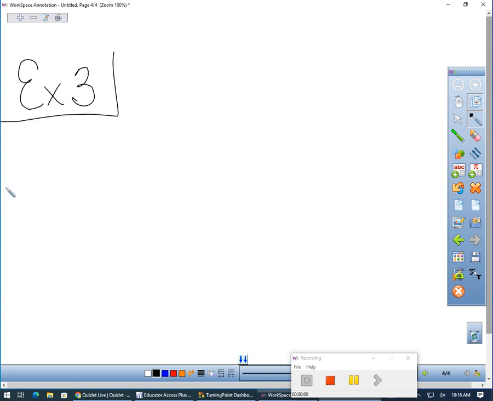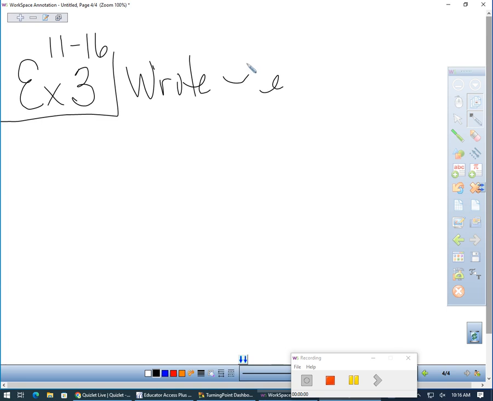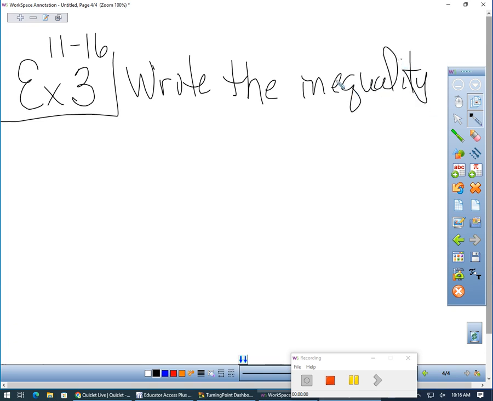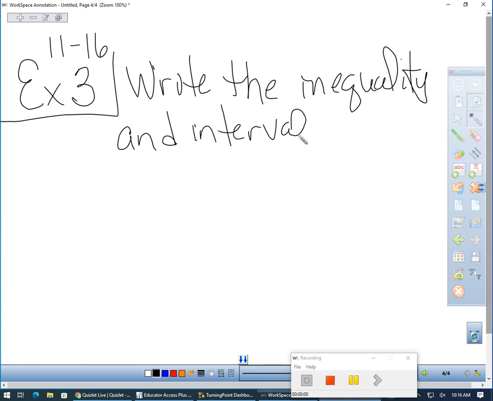All right, here we go with example number 3. Example number 3 today is going to cover 11 through 16. We're going to write the inequality and interval notation if you're given a graph.